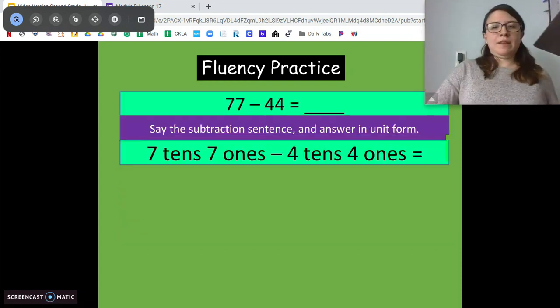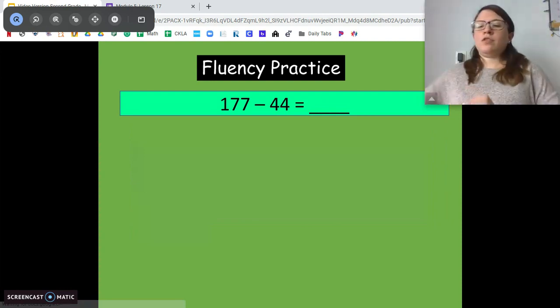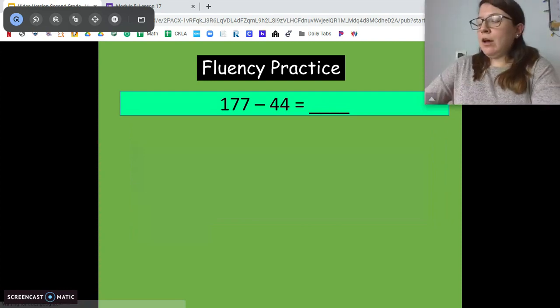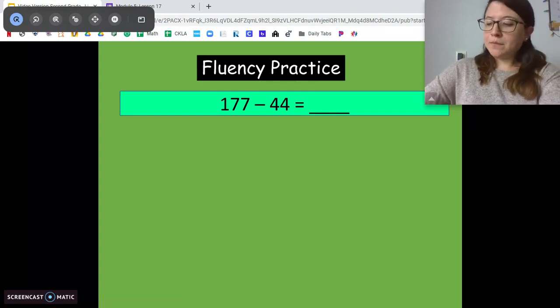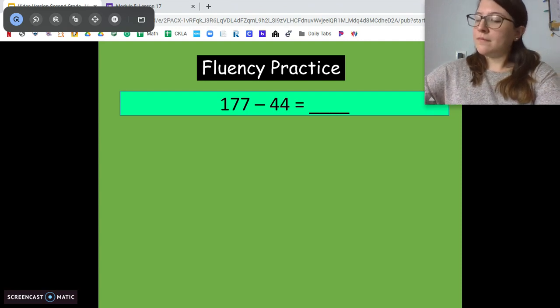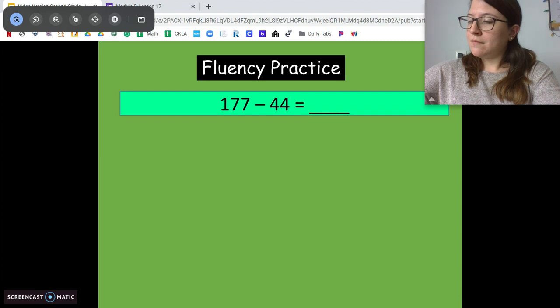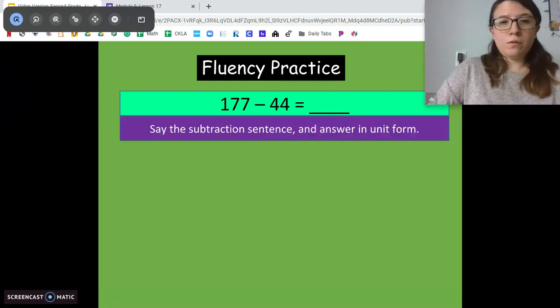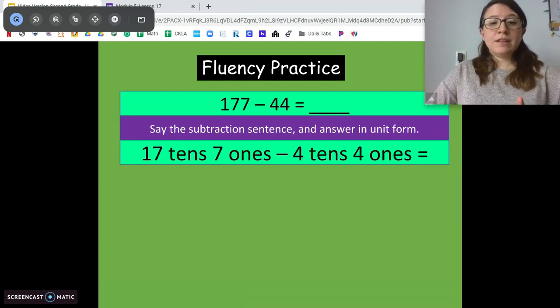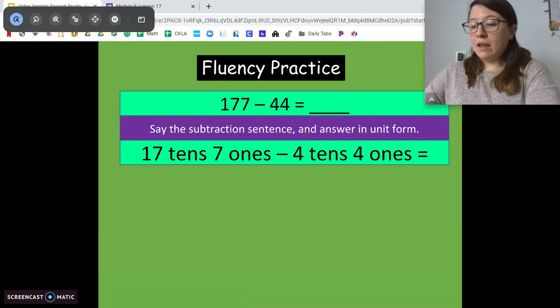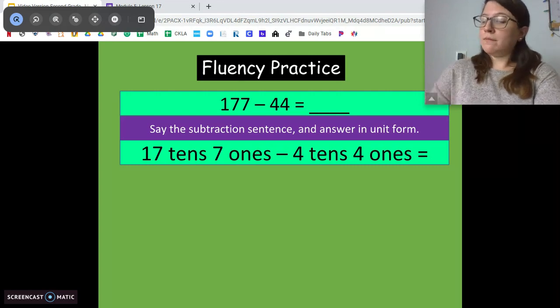Awesome. All right, I'm going to skip this one because I want to get to a little bit of a trickier one. Try this one. Tell me this number in unit form. A little bit bigger. So we're going to start with 177. We have 17 tens, 7 ones, and then 4 tens, 4 ones.